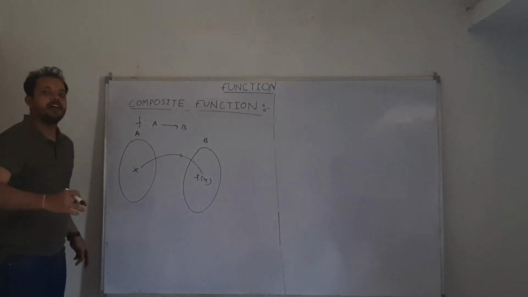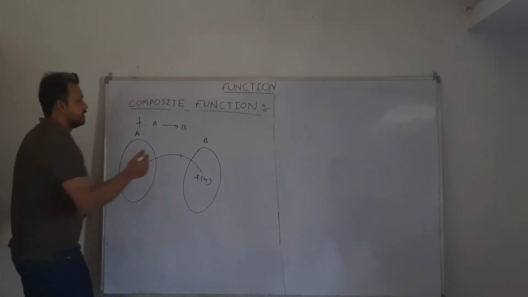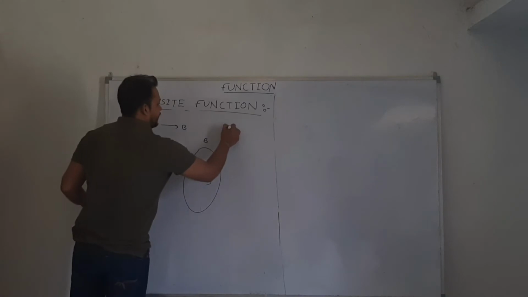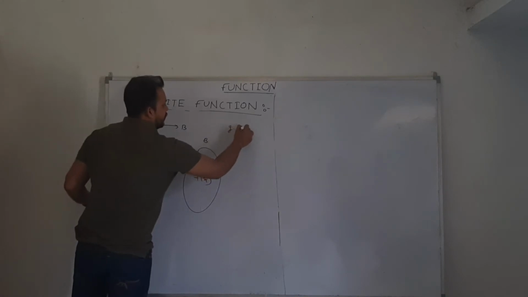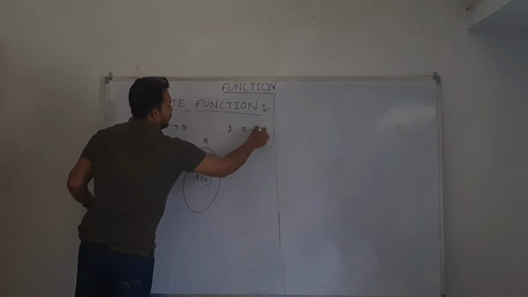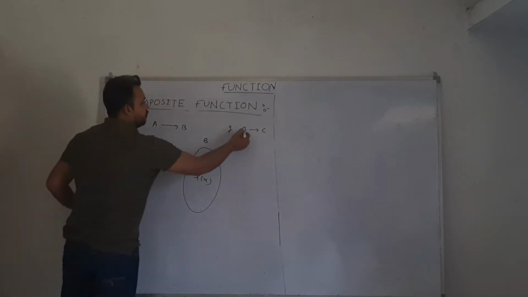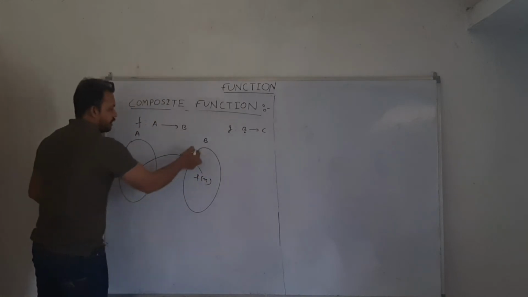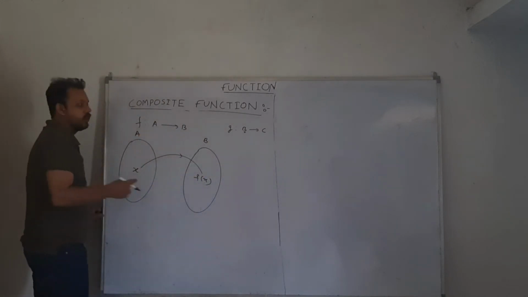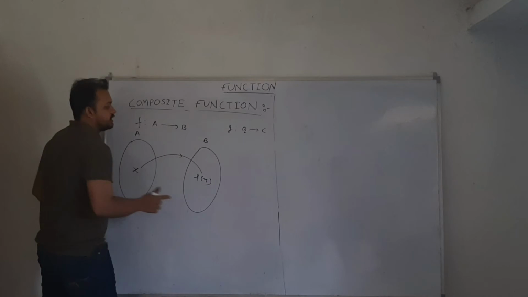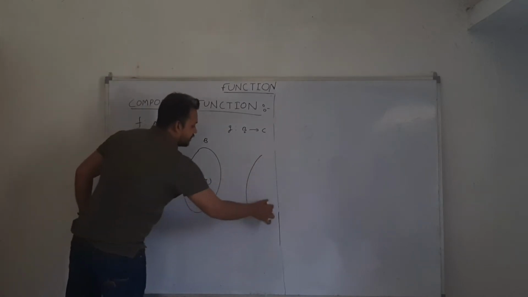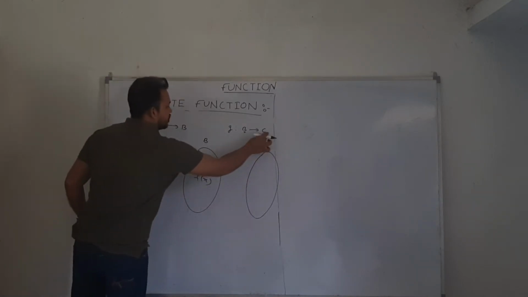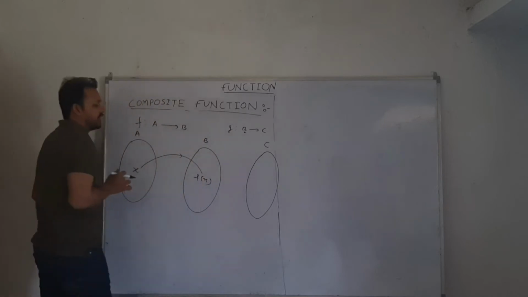Now we have another function, let it be defined as g: B to C. That means the domain of the function is B and the codomain is C. We already have this set B, which is the domain of function g, and here we will have a set C, which is the codomain of function g.